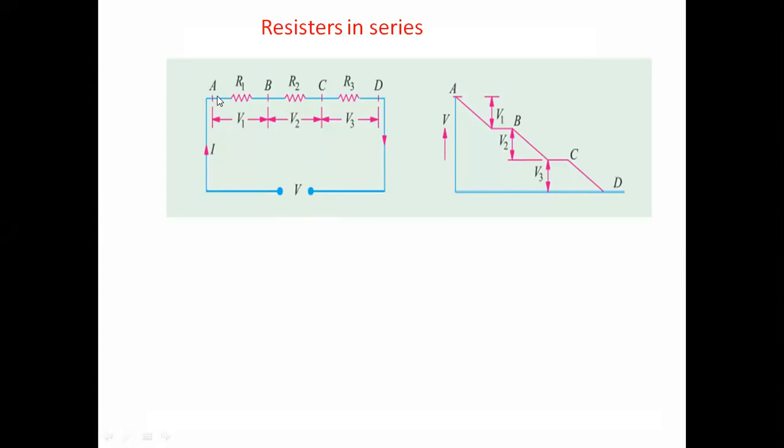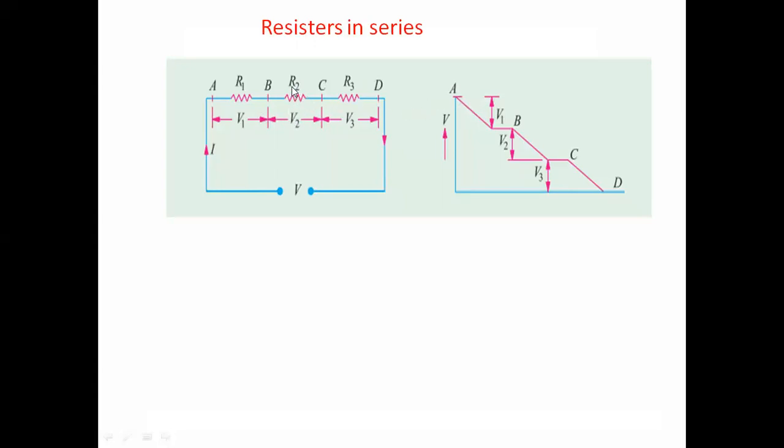Similarly, the current will pass through this circuit, and the current is constant. But due to the resistance value, the voltage changes across each resistor.